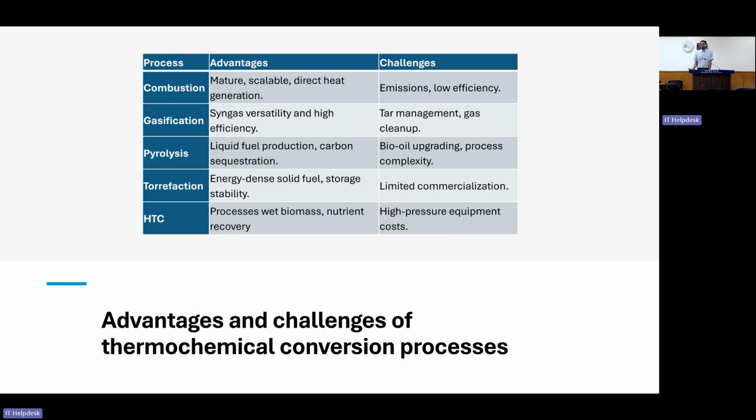Pyrolysis gives you all three types of bioenergy products: solid in the form of biochar, liquid in the form of bio-oil, and gas in the form of pyrolysis gas.